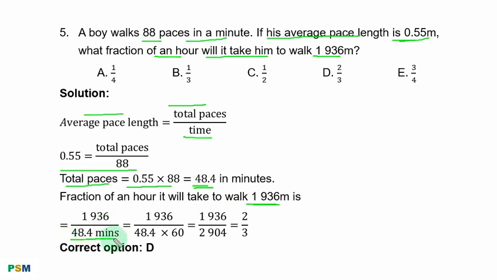The required fraction is in hour, so you multiply this time by 60. You have this result. When you reduce, you have 2/3. The correct option is D.